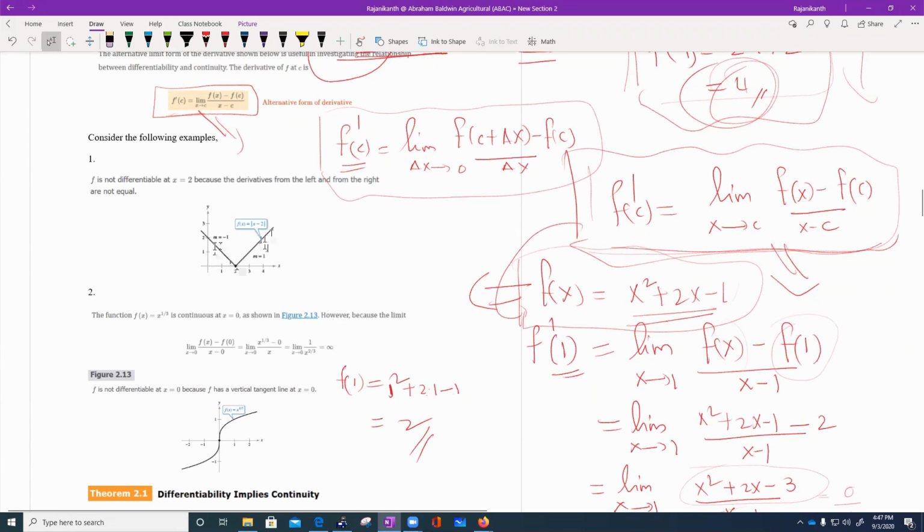That is a continuous function. But at x equals 2, they are telling us that the function f is not differentiable. What does that mean? Could you explain in words what it means for f to not be differentiable?